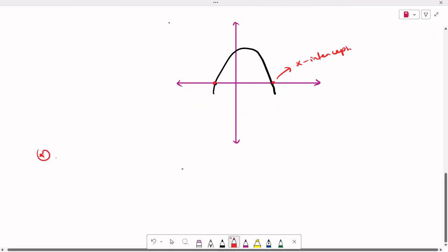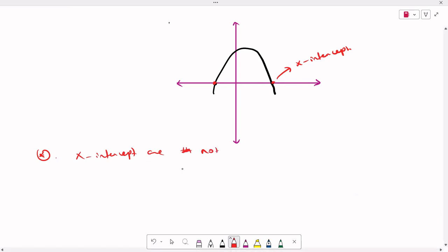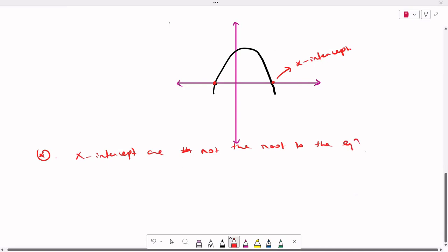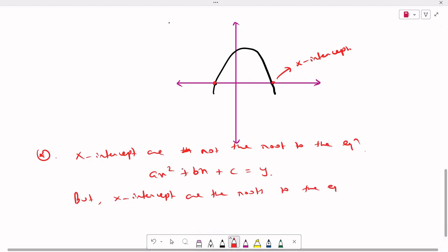One thing that we should be clear about is that x-intercepts are not the roots to the equation ax squared plus bx plus c equals y. But x-intercepts are the roots to the equation ax squared plus bx plus c minus y equals 0.